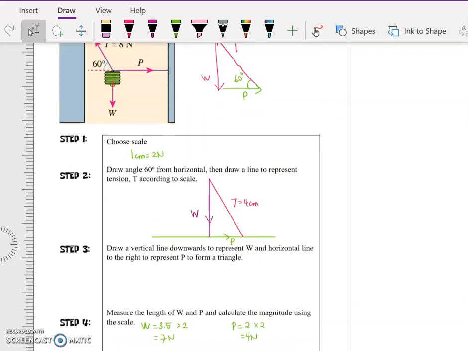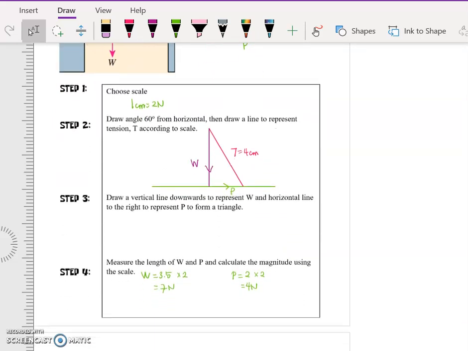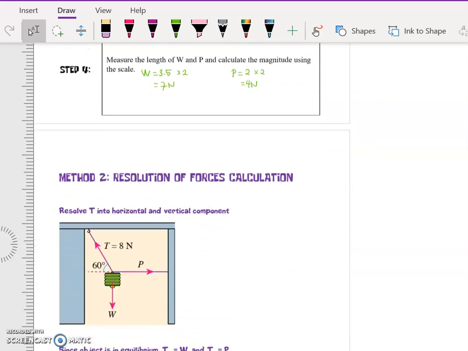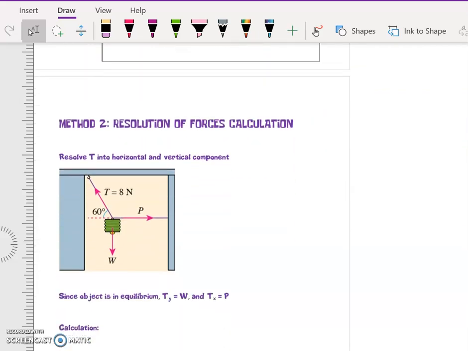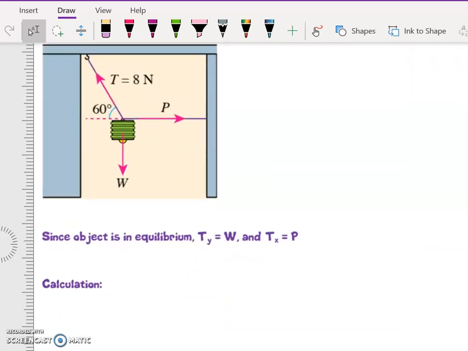Okay, there is another way to find the magnitude of the forces, which we have learned in 1.2, resolution of forces. So here, if you want to find P and W, let's find P first.